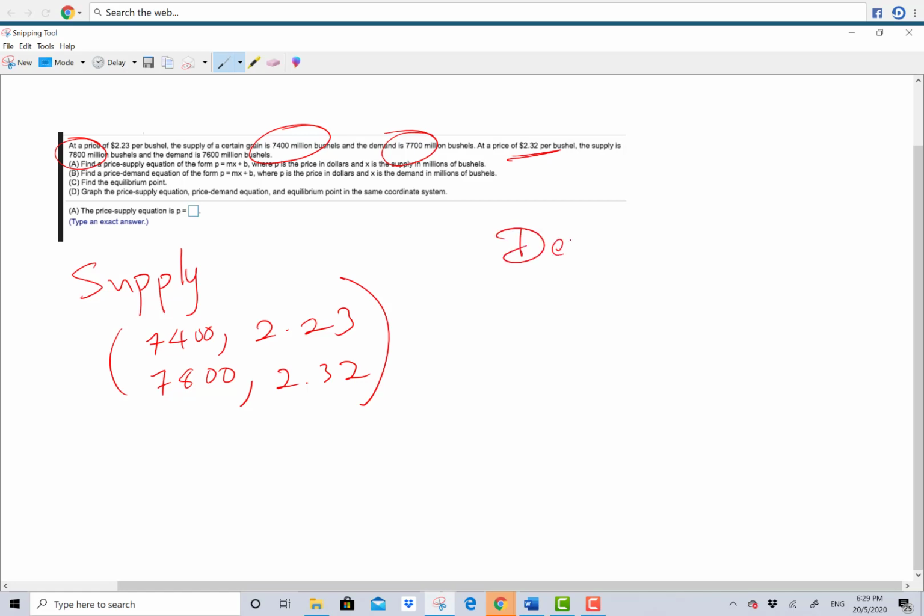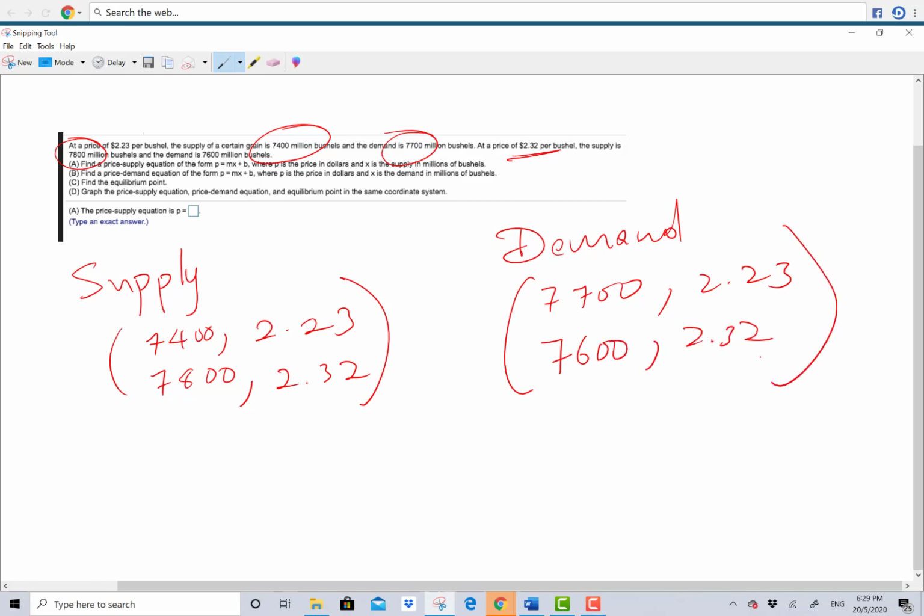For the demand, I have 7,700 for $2.23 and 7,600 for $2.32. So that's the coordinate pair for my demand.